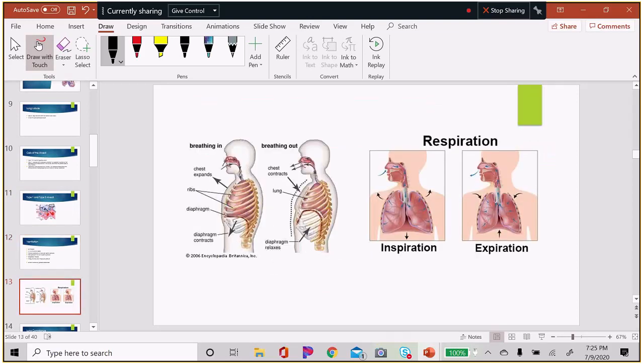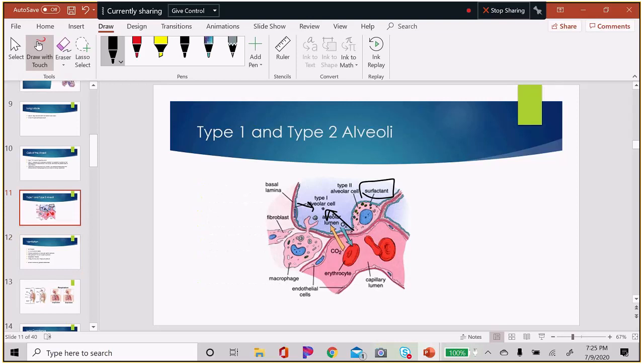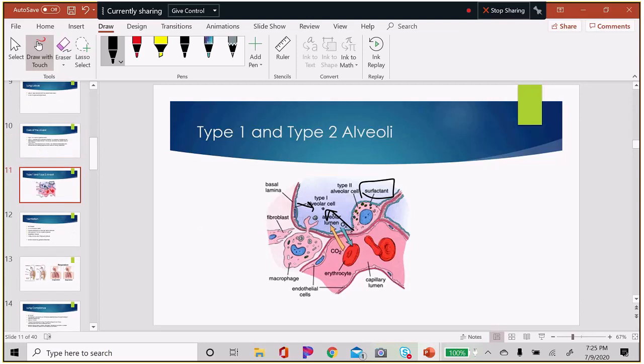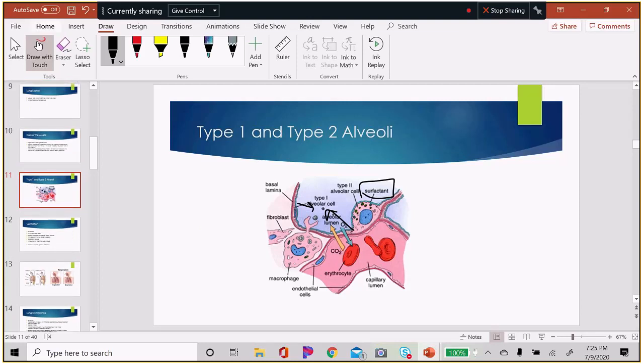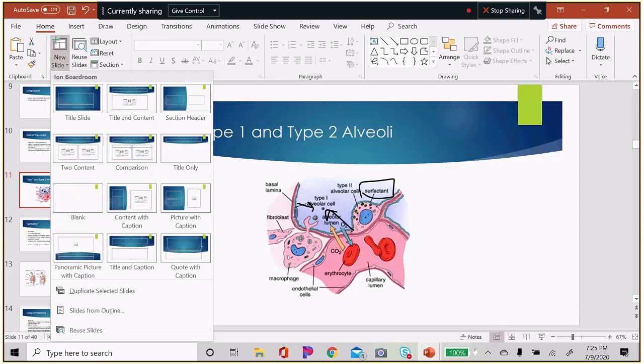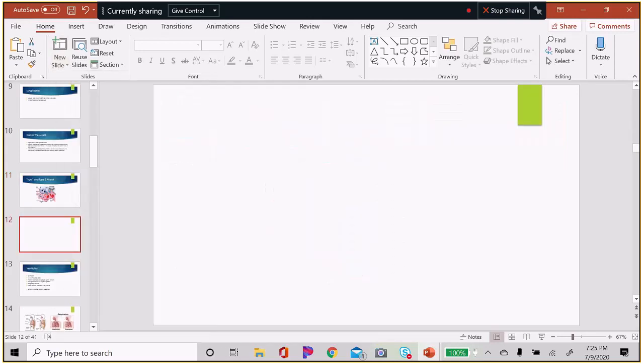So the next question is, how are we going to get air into the lungs? And we have to talk about things that we talked about when we talked about blood vessels and moving fluid. Flow equals a pressure gradient divided by resistance.